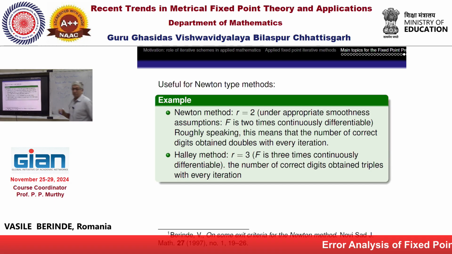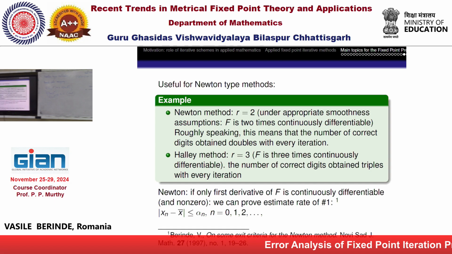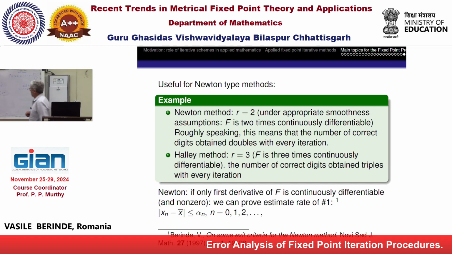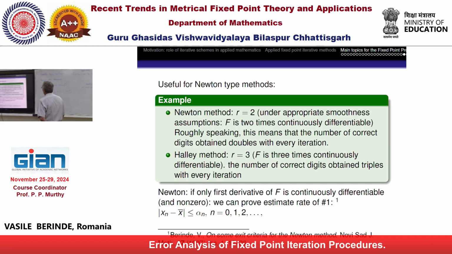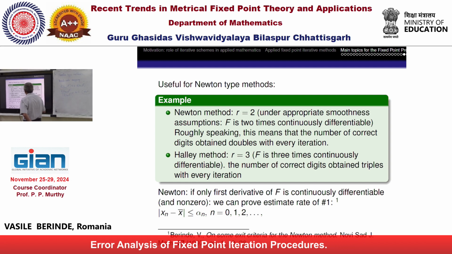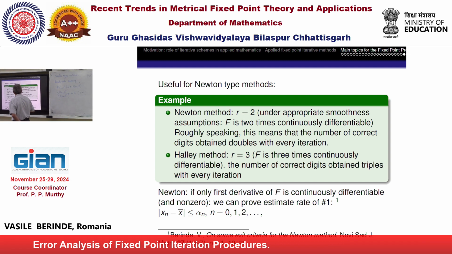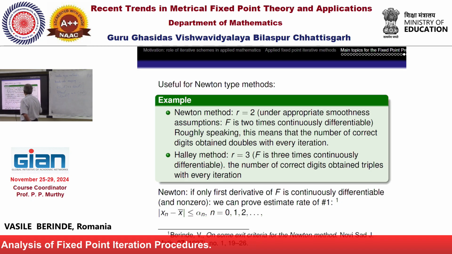So in that paper that I mentioned in another talk, I succeeded in getting rate of convergence 1 if f is only continuously differentiable.